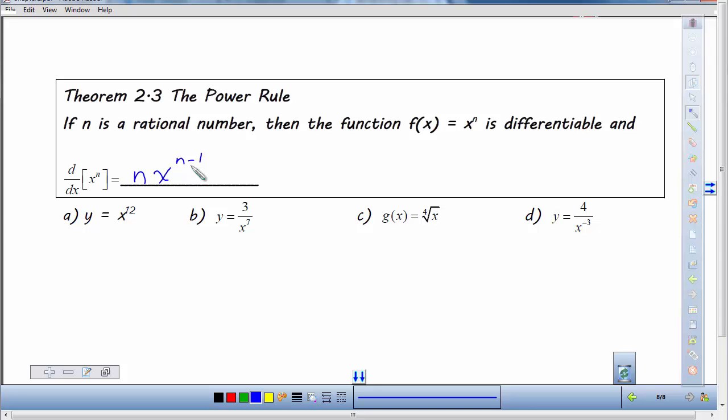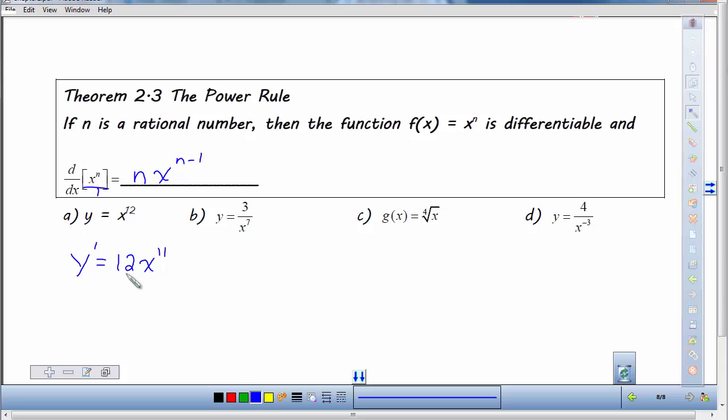So notice here that x to the n is essentially in our numerator. When we use this power rule, x to the n needs to be in the numerator. So in A, we've got y equals x to the 12th. y prime is equal to 12x to the 11th. What did I do?